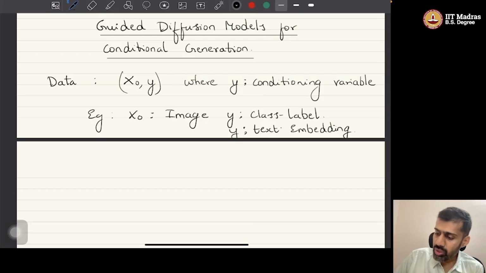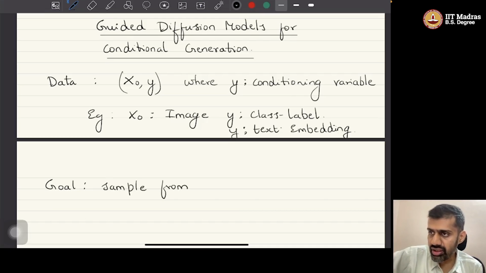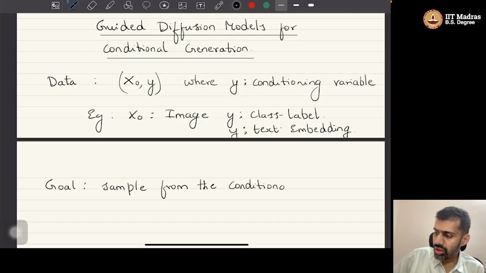Okay, so now the goal is to sample from the conditional distribution, which is p of x0 given y. Okay.